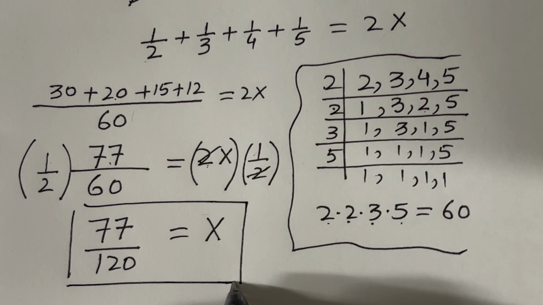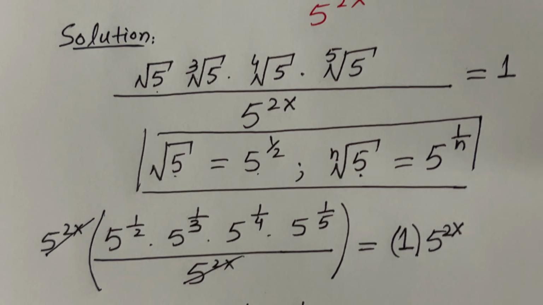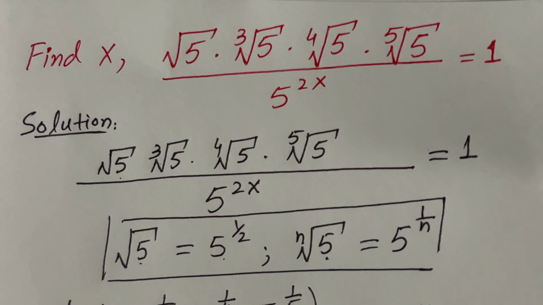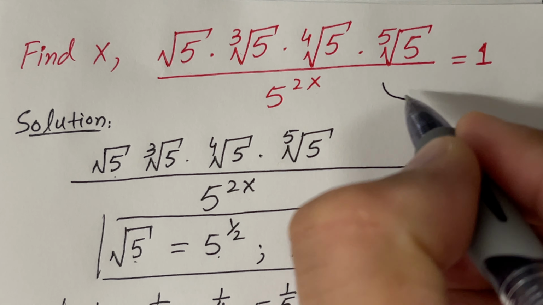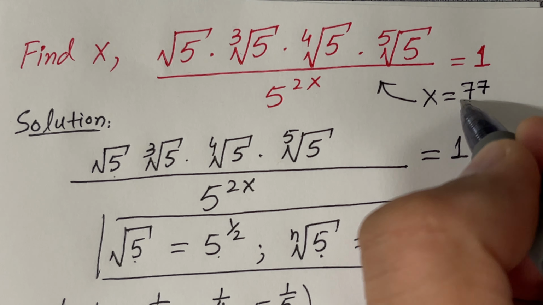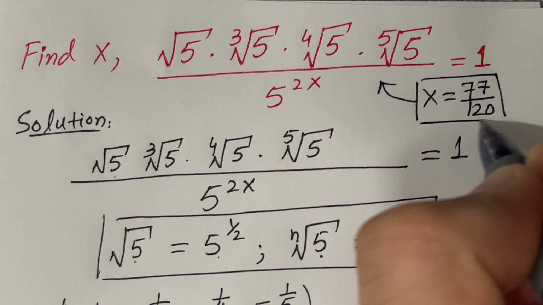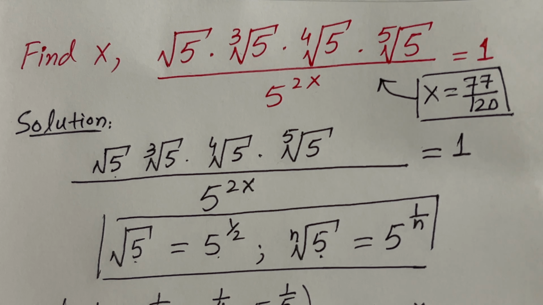So this is the final answer. In other words, the given equation is true for x equal to 77 divided by 120. I know this is a fraction, but this is the solution.